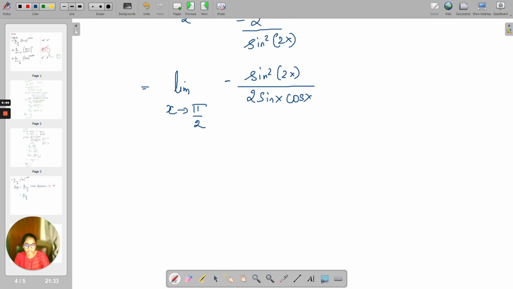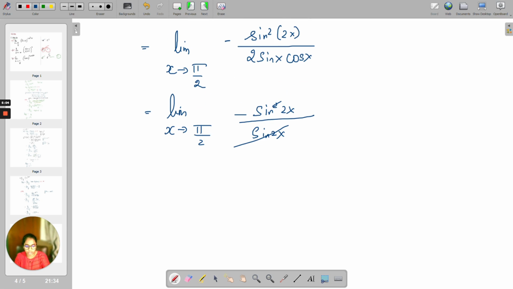Isn't it sin 2x? So I can cancel the numerator and the denominator. What is left? Limit x tending to pi by 2 of negative sine 2x.